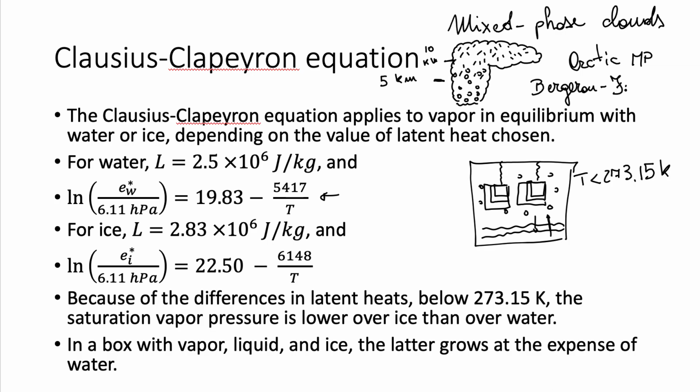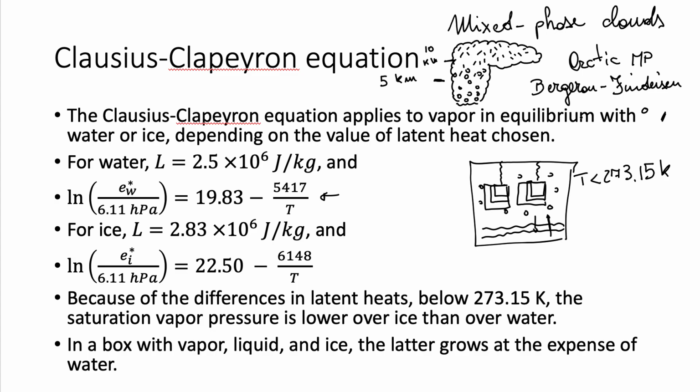Usually there's also another name, but I always forget it. Bergeron-Findeisen is the most famous name. This is a mechanism whereby ice crystals grow at the expense of supercooled liquid water droplets. When this mechanism kicks in, mixed phase stratiform clouds can glaciate in a matter of a few hours. So it's kind of an unstable state.